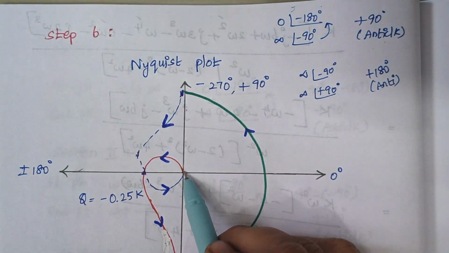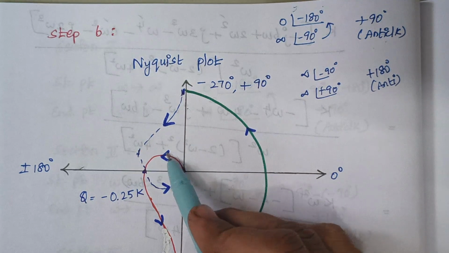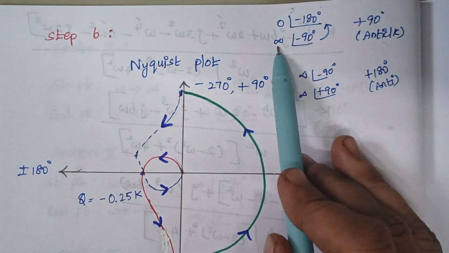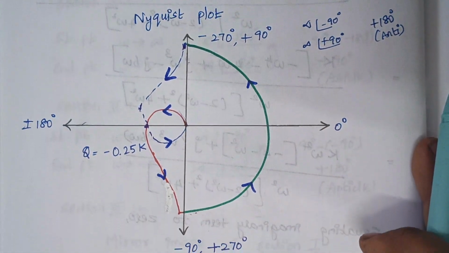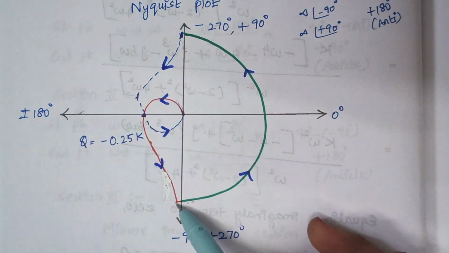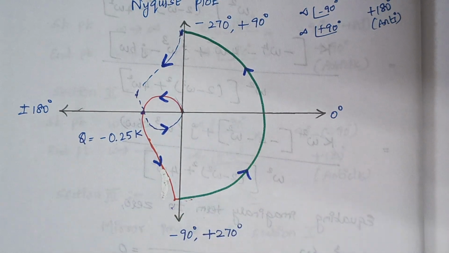So you see it is rotated in anti-clockwise direction for 90 degrees. It ends at infinity minus 90 degree, right? So here is our minus 90 degree line. It ends somewhere around here, so section 1 is over here.